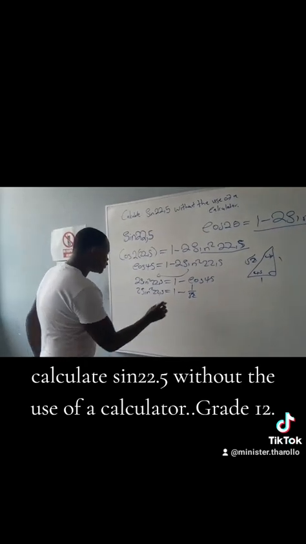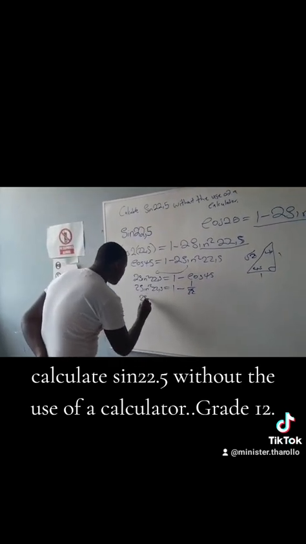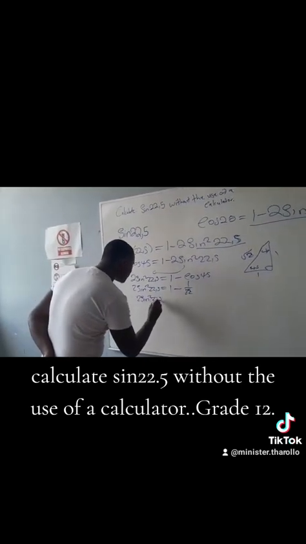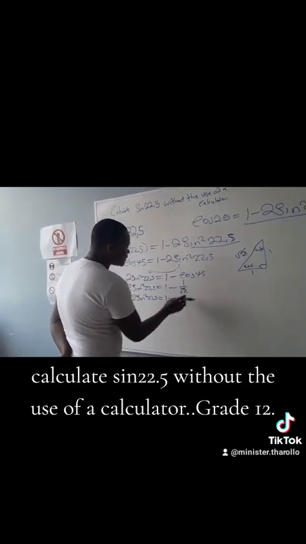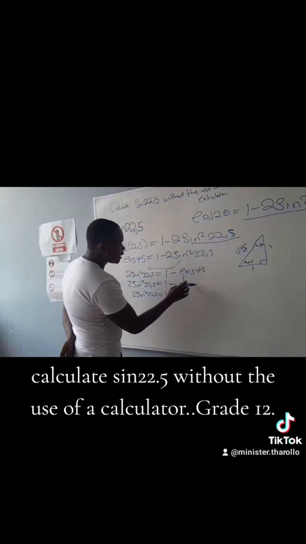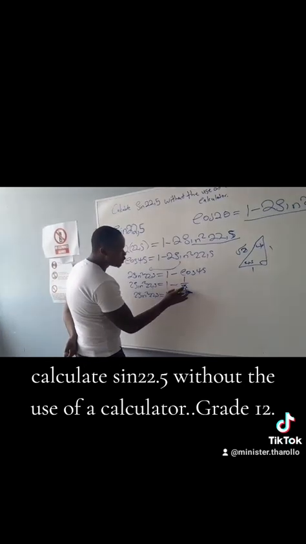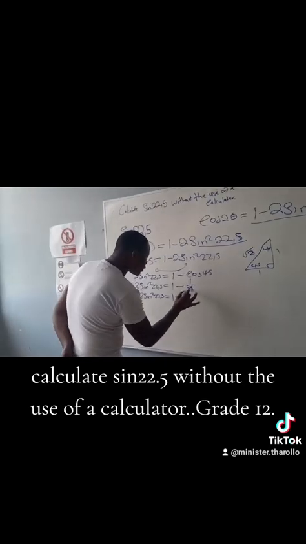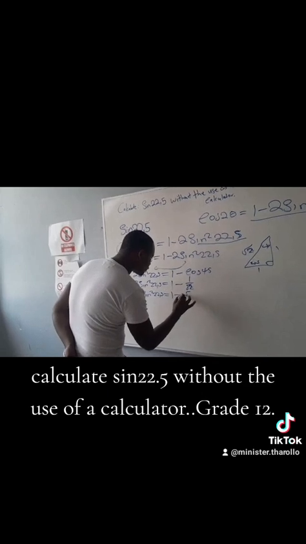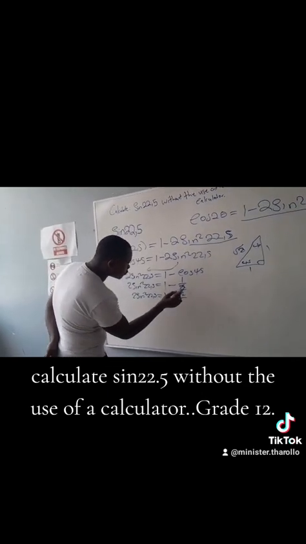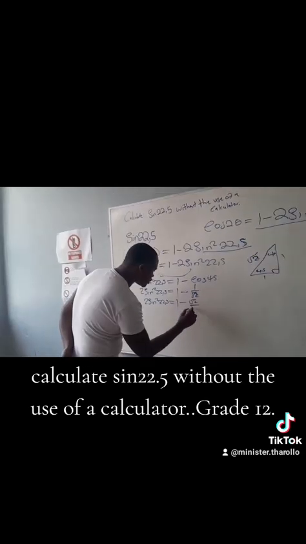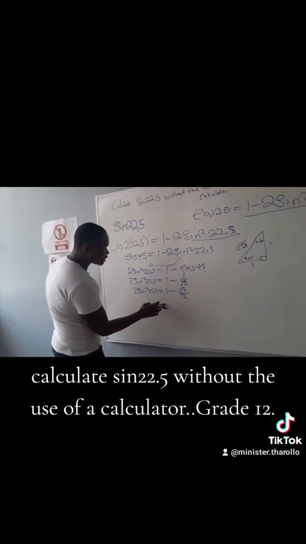You can multiply by square root of 2 at the top and bottom: root 2 multiplied by 1, and root 2 multiplied by root 2 gives 2.